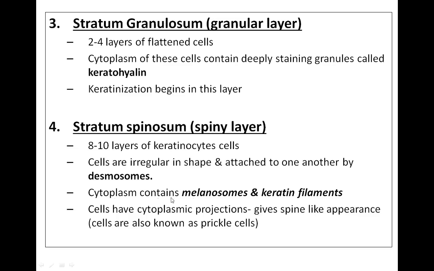Then your cytoplasm contains melanosomes and keratin filament, but the number of keratin filaments will be less. The cells have cytoplasmic projections, giving a spine-like appearance. That is why it is called stratum spinosum or prickle cells.